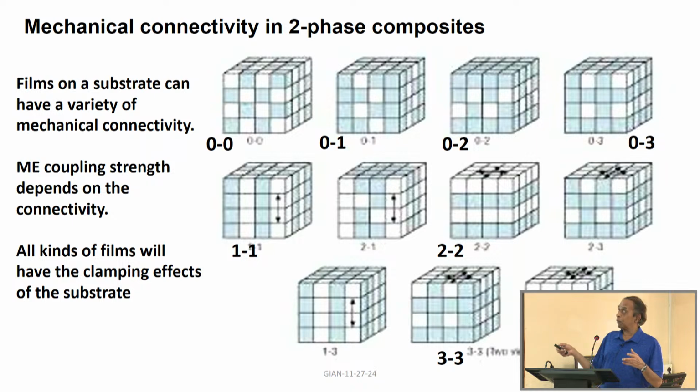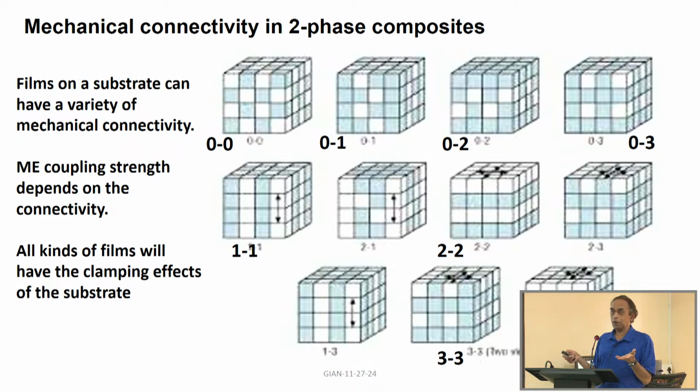But just take a look at this 0-0. These are cubes of two different phases, represented by cubes of two colors. One is clear, the other is gray. If you look at the white ones, each is on its own, not connected to any other white ones in all three directions.